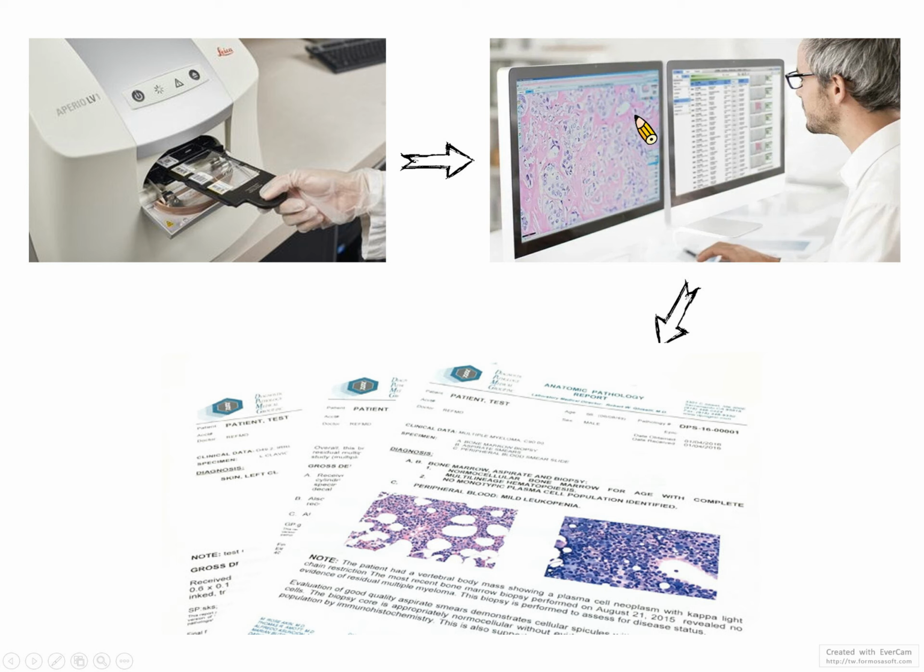Suppose the tumor is very small, hiding in a particular location of the slide. You scan the whole thing, but you just miss that part. That is why we will need AI to prevent doctors from missing the diagnosis of cancer or other abnormal findings.